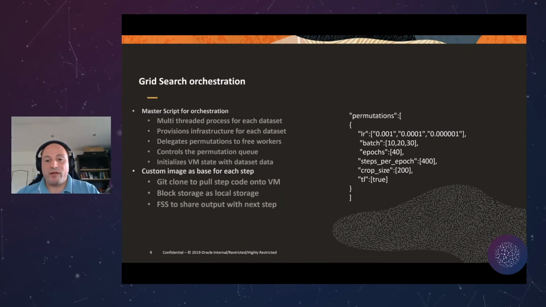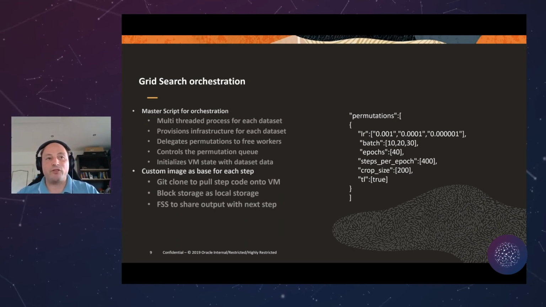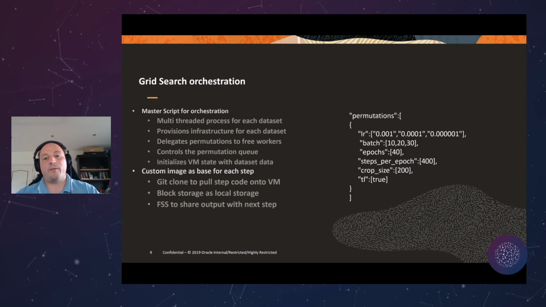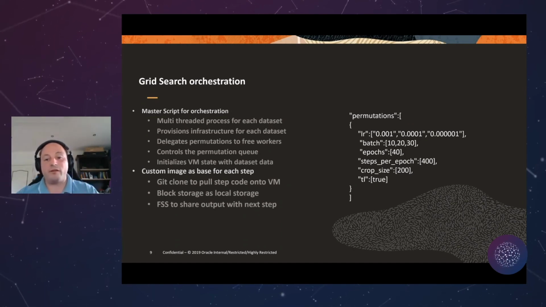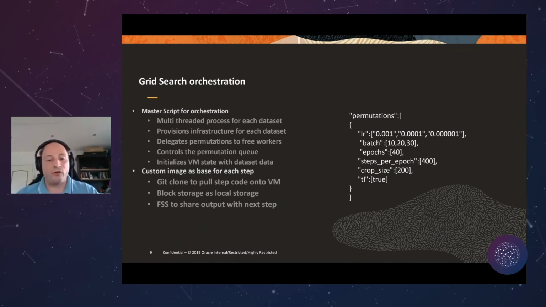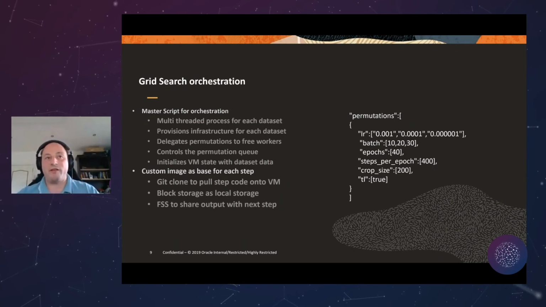In order for this to be really workable, what we do is we create a custom image. A custom image is, we first create a VM, a compute instance, where we install all the necessary software. We install Conda, we install TensorFlow, the correct version of TensorFlow with the CUDA drivers, and then we create an image out of this, so that when we create new compute instances from within Terraform, we use that custom image and we know everything is installed.